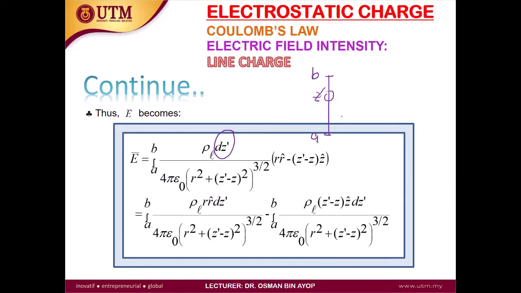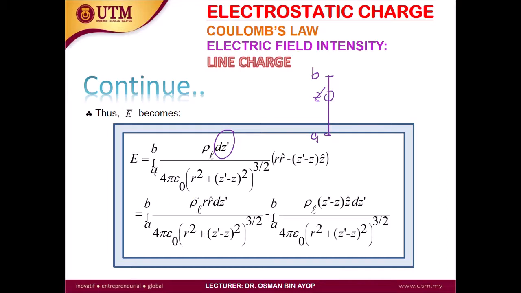So you have rho L dz prime, integrated from A to B, because that is the length of our charge system, divided by 4 pi epsilon naught, r square plus z prime minus z square, to the power 3 over 2, times r in the direction of r minus z prime minus z in the direction of z.